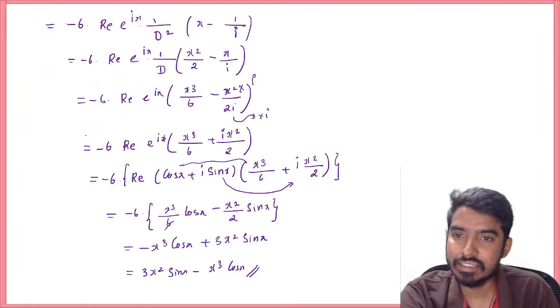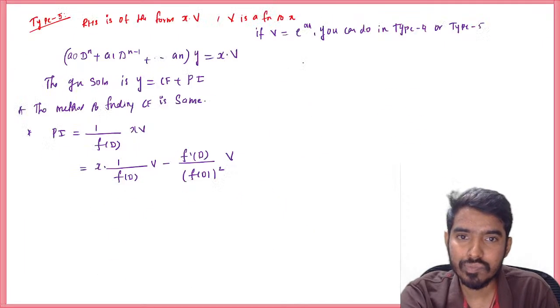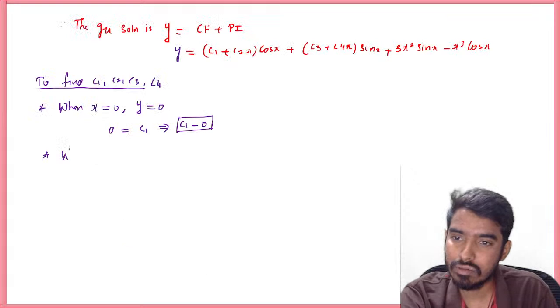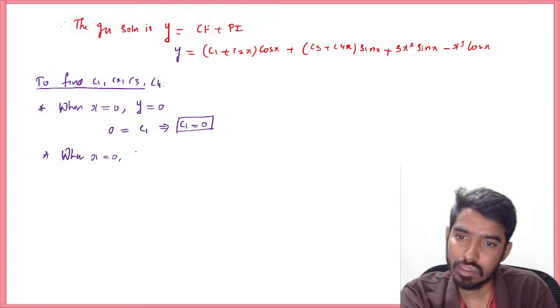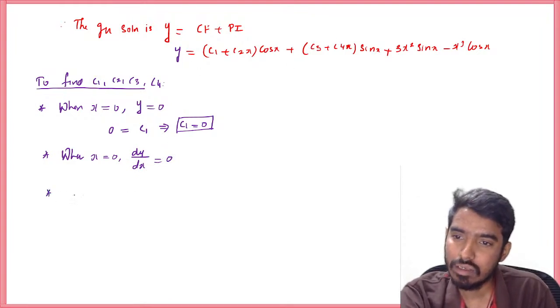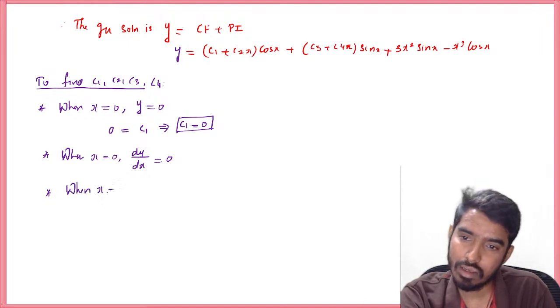And what is the second condition? When x is 0, dy by dx is also 0. You differentiate this term and find c1, c2, c3, c4, and you'll get the values.